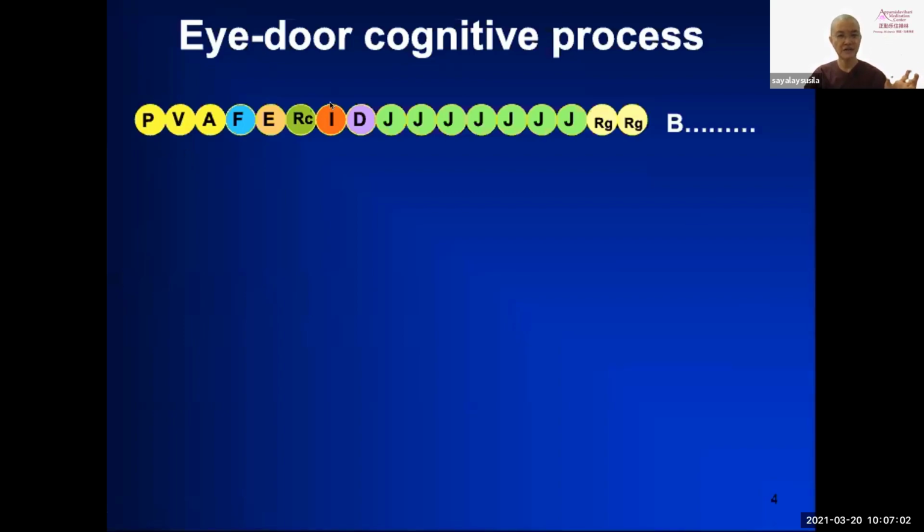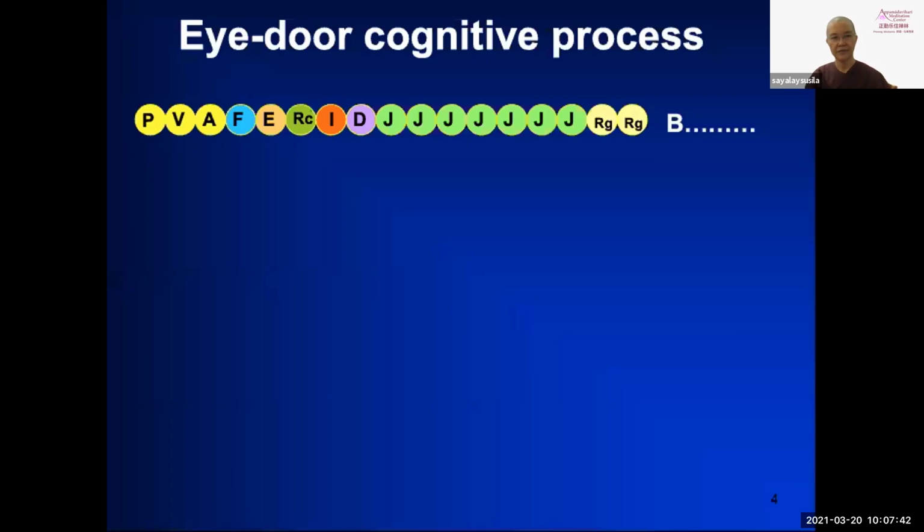All 17 moments of consciousness form an eye door cognitive process. One by one, one consciousness moment arises, passes away, arises, passes away, for 16 times. This is called the fixed law of consciousness.